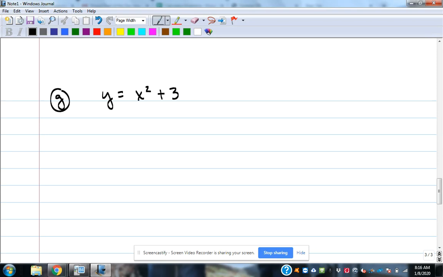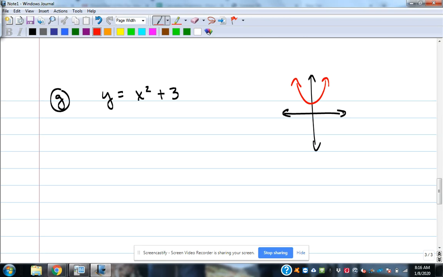Okay, well, more specifically, the name of that shape is what? A parabola, because it's x squared. It's quadratic. We've done a lot of stuff with quadratics over Algebra 1 and Algebra 2 years. So we know that that's a quadratic, so we know what kind of shape it makes. So we can get an idea what the graph looks like. That plus 3 there would put it somewhere up there. It looks something like that.